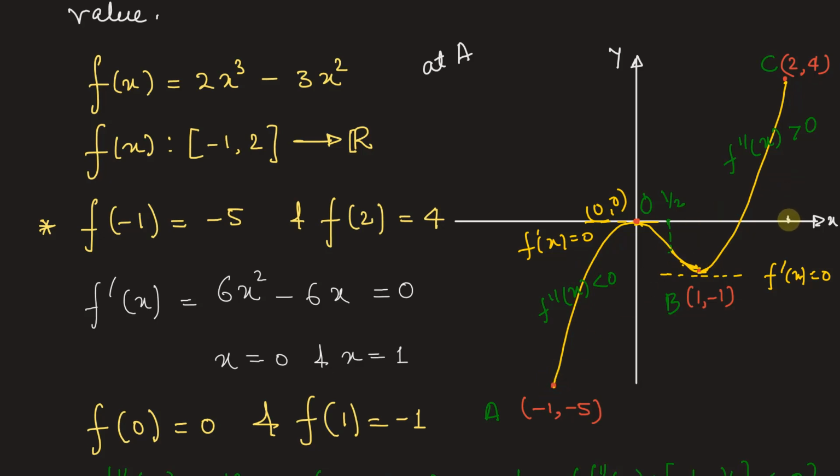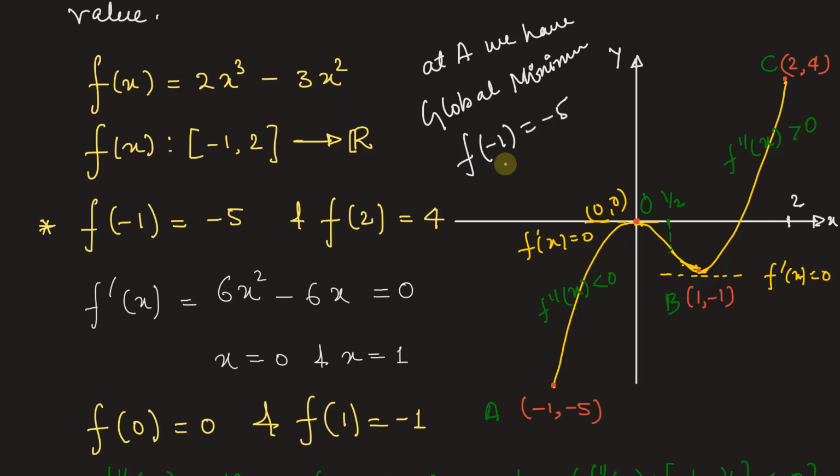So at A we have global minimum whose value is f of -1 is equal to -5, and we have a local minimum at B and global maximum at point C and local maximum at the origin.